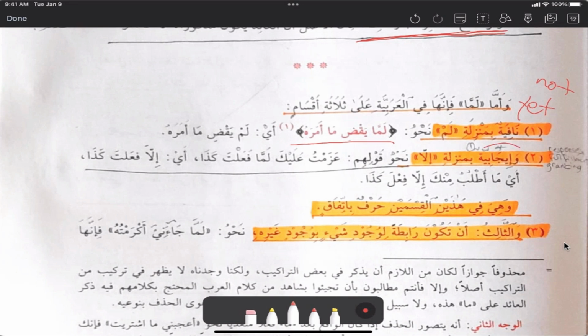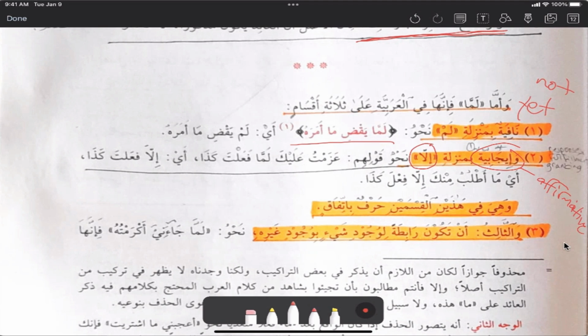So ijabiyya means affirmative, not negative, not denying. Affirmative. And it means except or but. So how would you affirm like that? You bring a negation first, and then you say illa, or you say lamma with the meaning of illa.